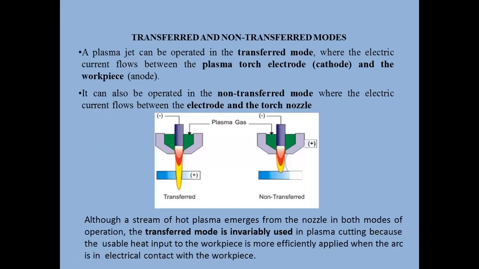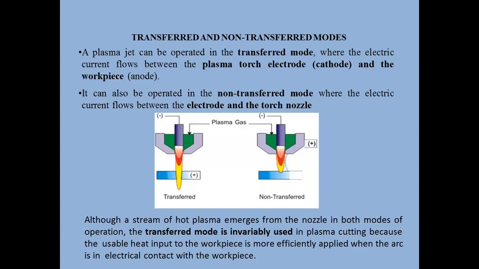Next, we have seen in the working principle the transfer of arc. That plasma jet is going to be transferred in two modes. One is the transferred mode, and the other one is the non-transferred mode. What is the difference between them?